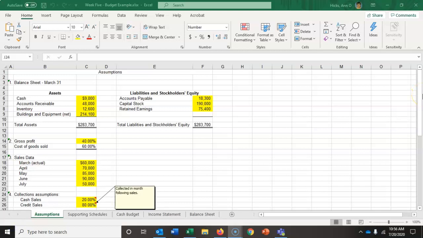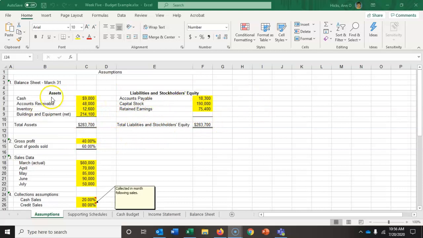So let's walk through our assumptions for this particular example. What you see first is a balance sheet at March 31. So what we're going to be doing is we're going to budget the next quarter for this company. So April, May, June, second quarter. And our starting point is going to be, of course, where we think we will be at the beginning.